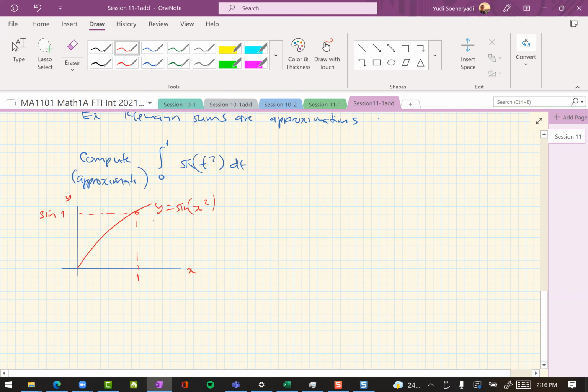Say we just use four rectangles, so we have 1/4, 2/4, 3/4, and n equals 4 in this case.